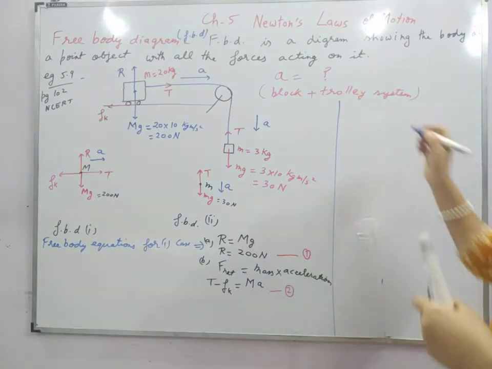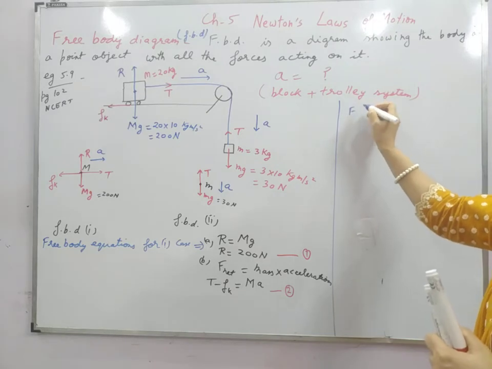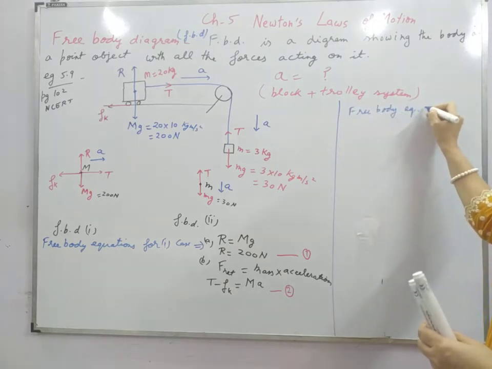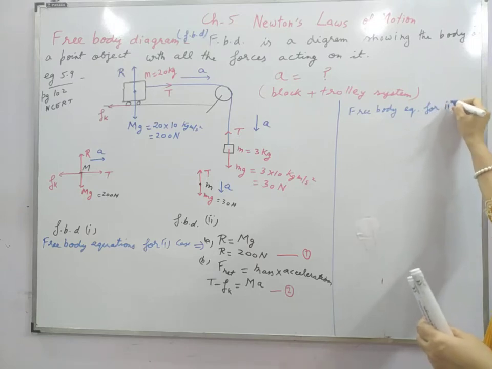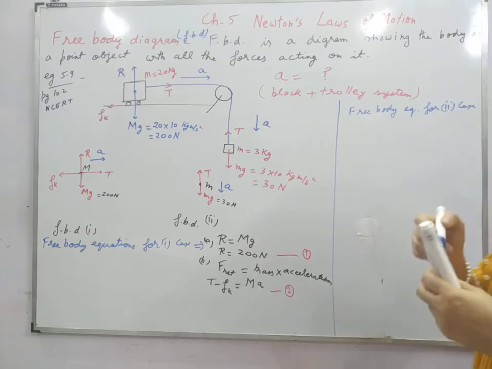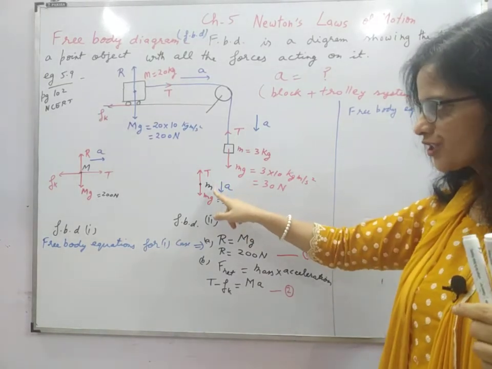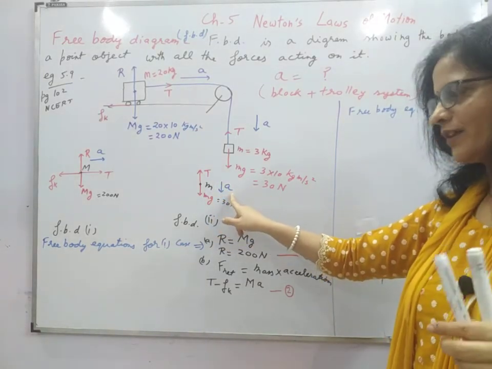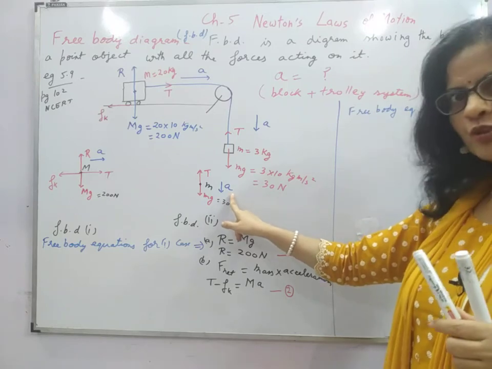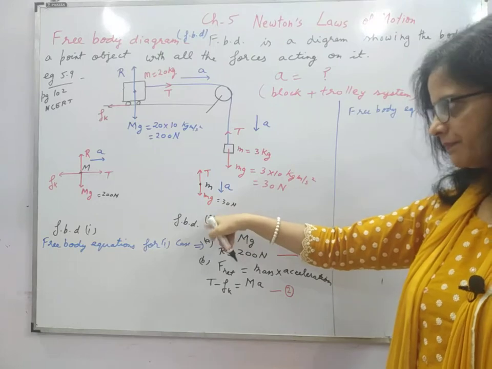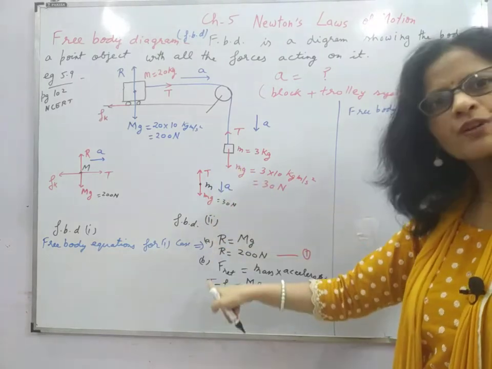Now the free body equations for the second case. Now what equation we have to make? Net force along motion is equal to mass into acceleration, again by Newton's second law. So which one will be greater? This will be greater because the system is moving this way.